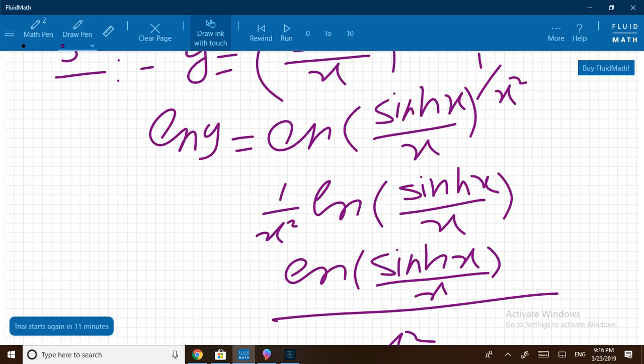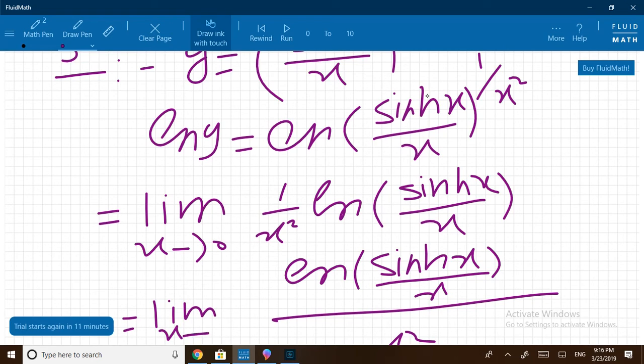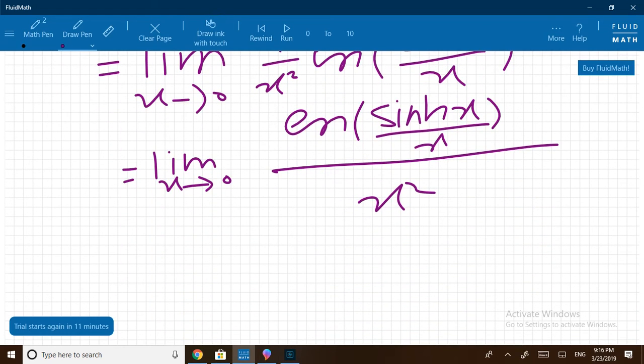It is equal to the limit as x approaches to 0. Okay, now it is 0 divided by 0 form.